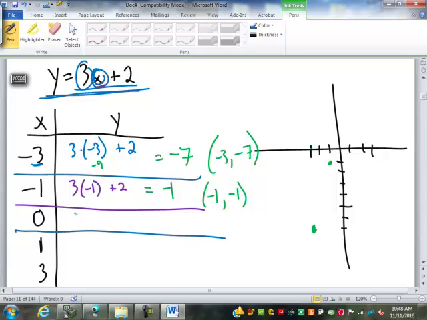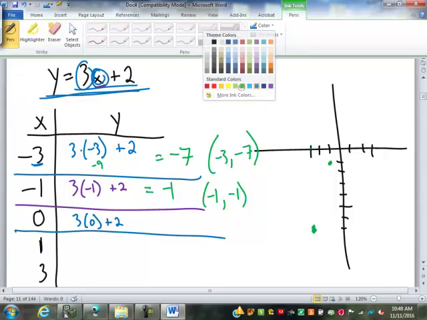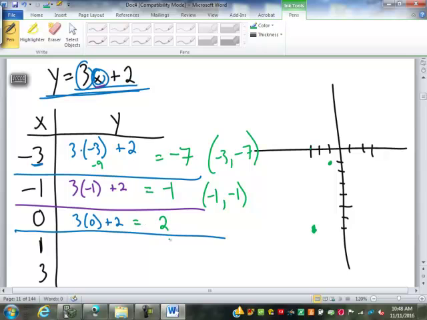If x is 0, 3 times 0 plus 2. Well, 3 times 0 is 0, plus 2 is 2. So when x is 0, y is 2. Gives me an ordered pair. So x is 0, y is 2 is going to be right there.